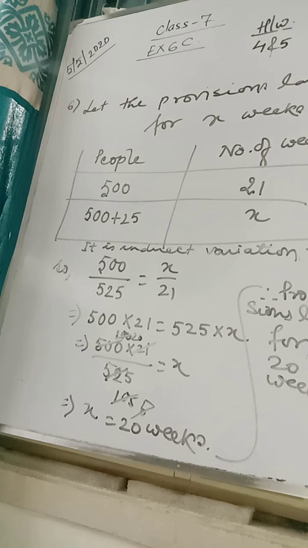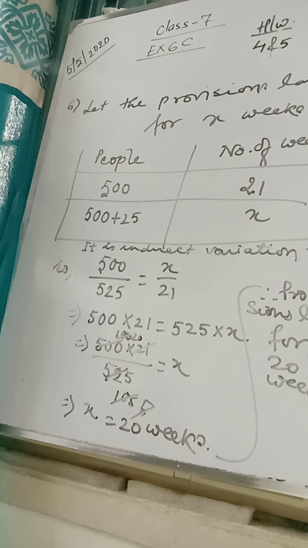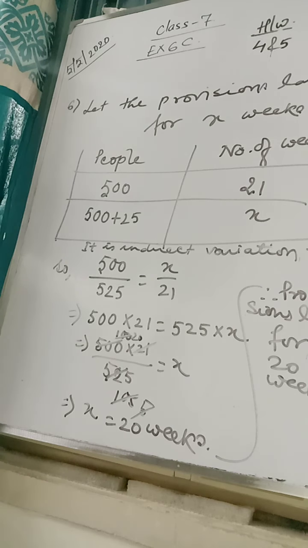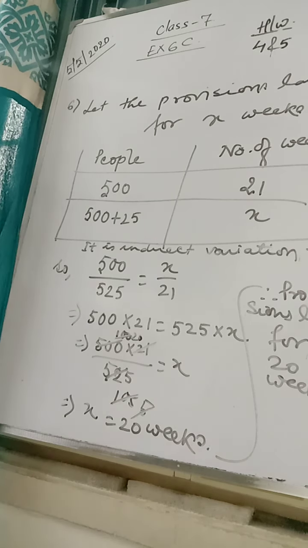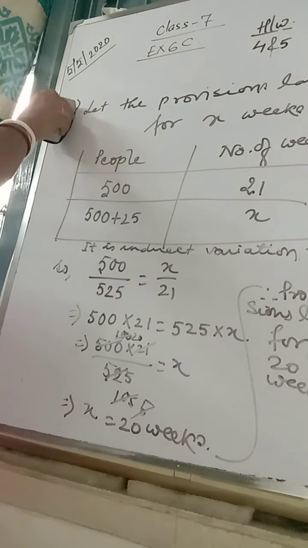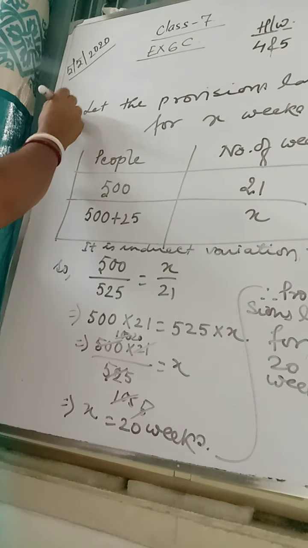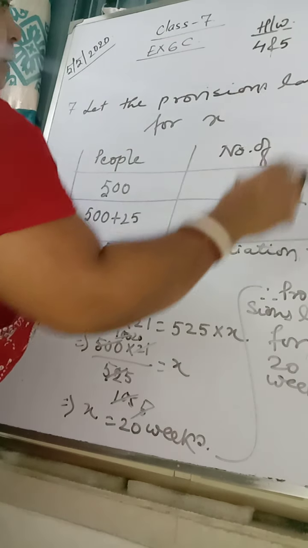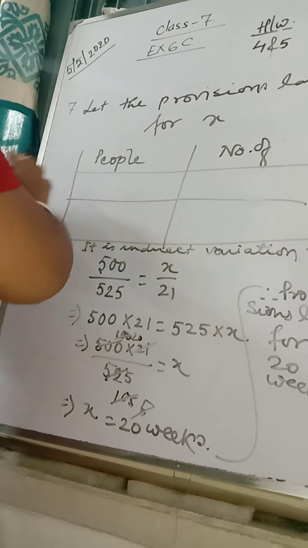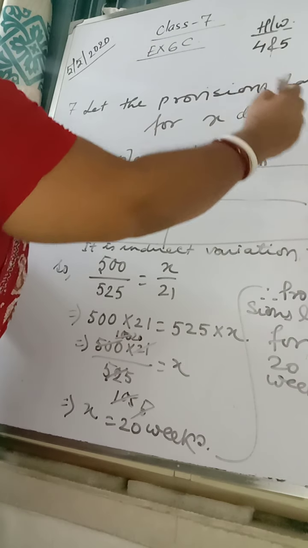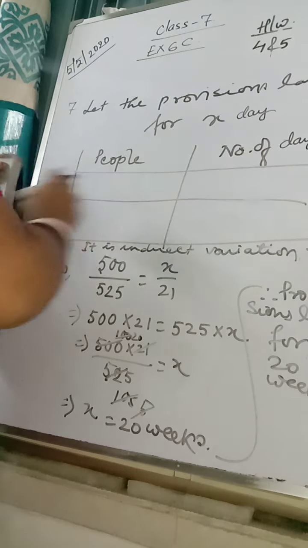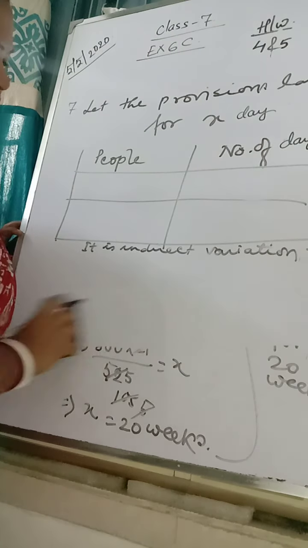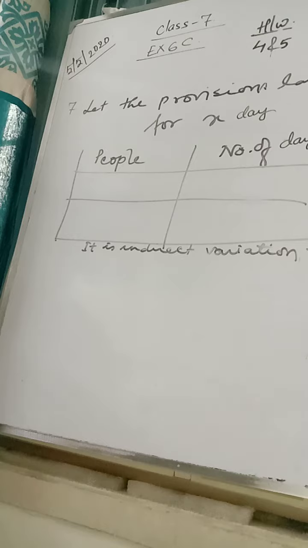Otherwise, okay, we'll do it here. See, the provision lasts for X days. People, number of days. For 300 people it was for 40 days, is it? 300 people, 40 days.